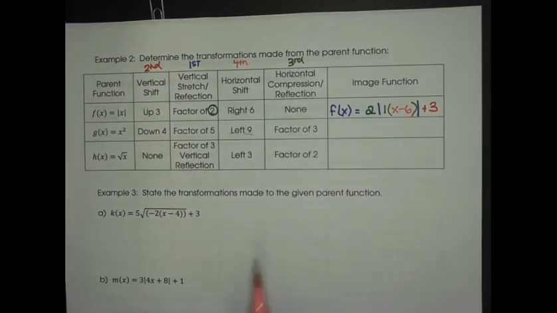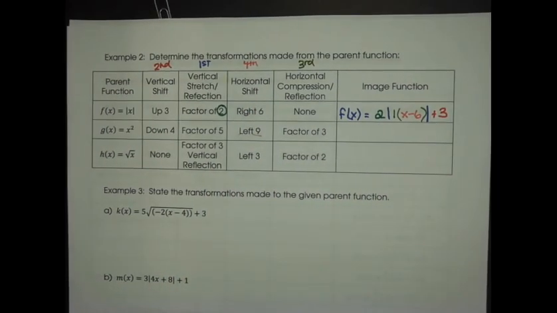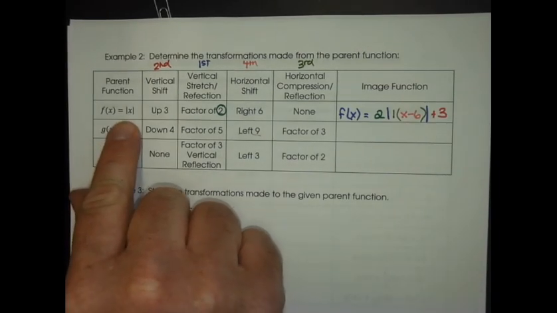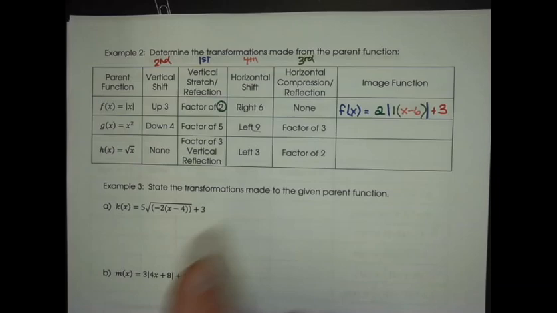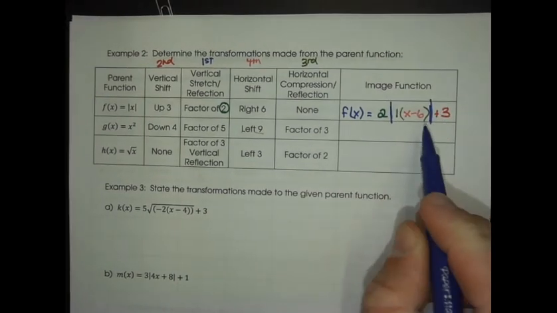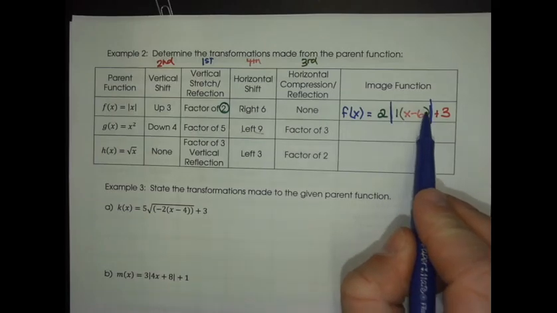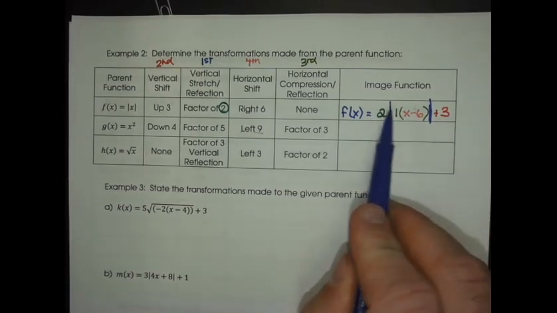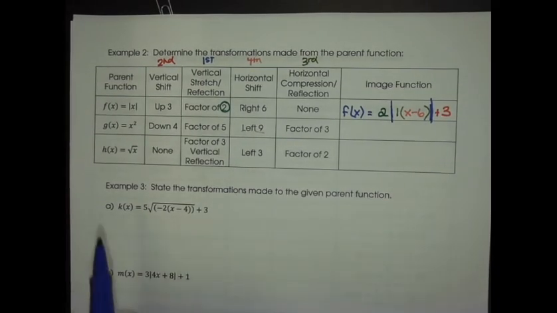Right is the other direction. So that's how we could write that. Our base function is the absolute value of x. That's where these bars are. All the horizontal stuff is inside that function. The vertical components are on the outside of that function.